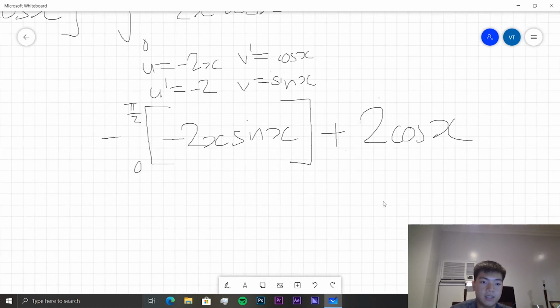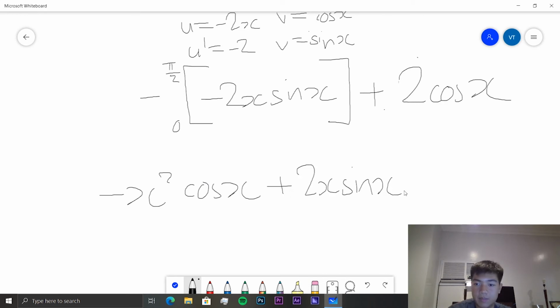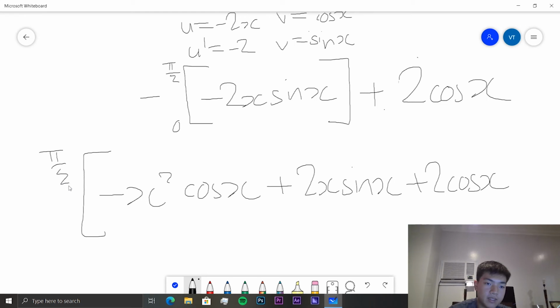So all in all, this is equal to negative x squared cosine x plus 2x sine x plus 2 cosine x between 0 and pi over 2.